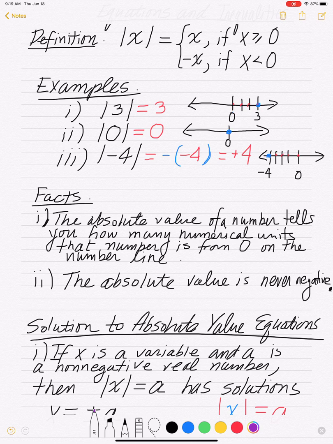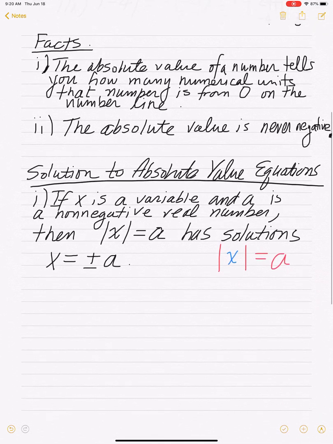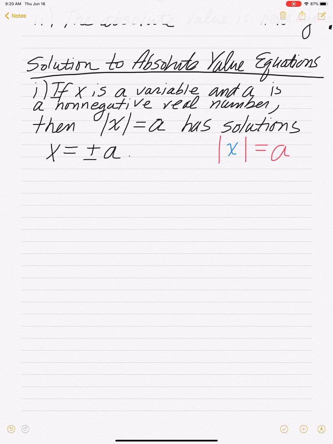Notice that there are two cases to the absolute value. X could be greater than or equal to 0, in which case the absolute value of x is x, or x could be less than 0, in which case the absolute value of x is the opposite of x. So using that definition here, we're going to break this into two cases.